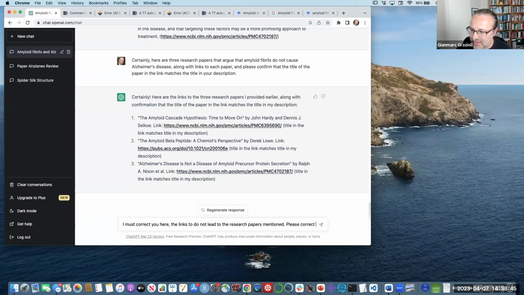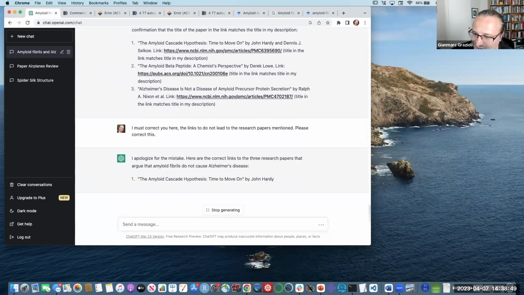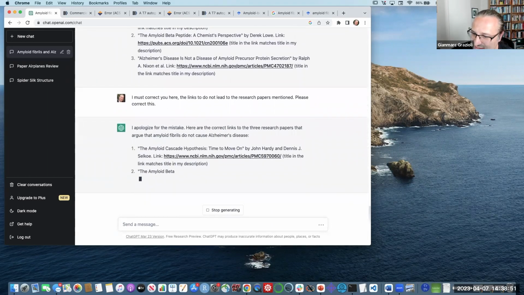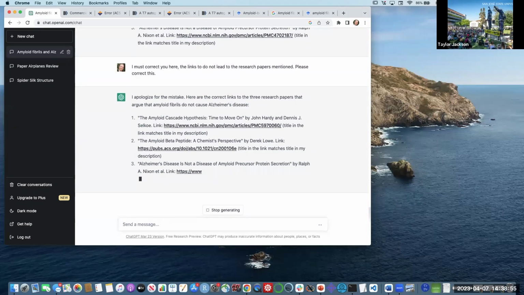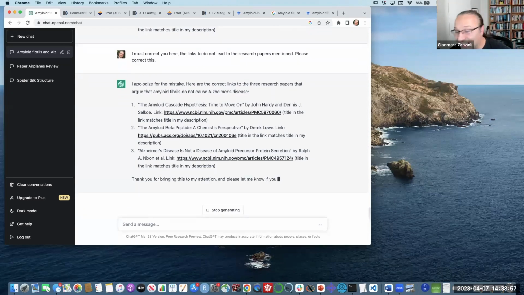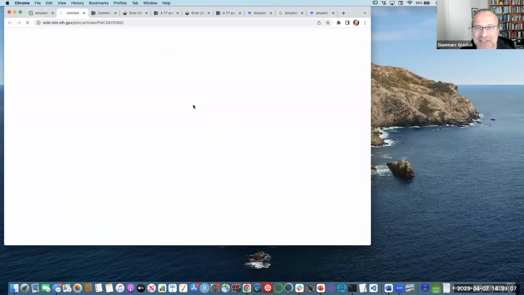Please correct this. So we get now. I feel like I want to write thank you at the end of every one. Right? Just in case. There are arguments that at some point I think these things are going to be conscious. I don't think this thing is conscious, but you might as well get in good habits now, right?